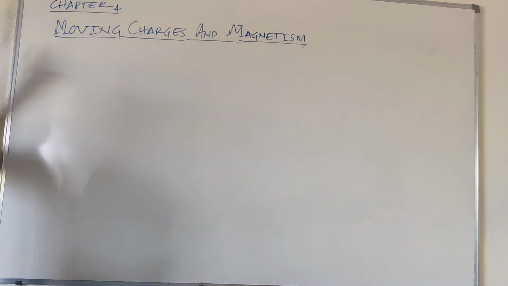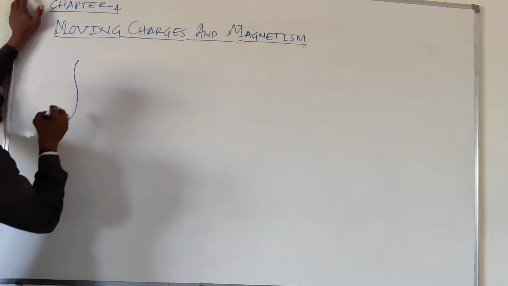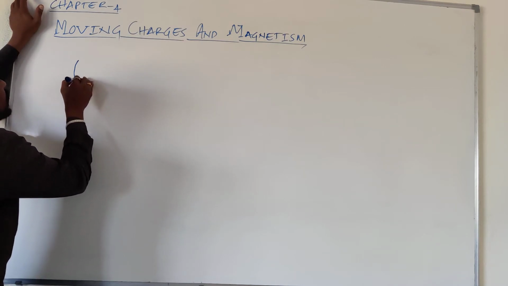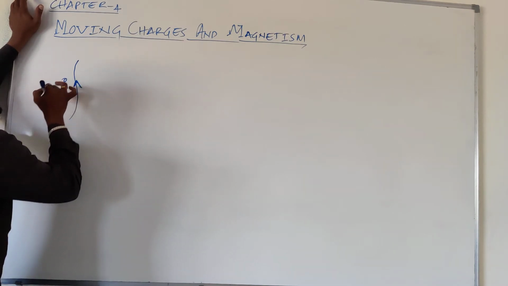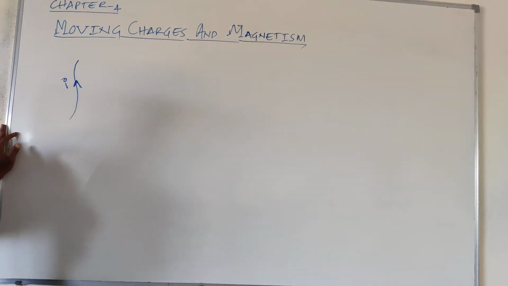What was that observation? See, here he took a wire. In this wire, the current is flowing in this direction.